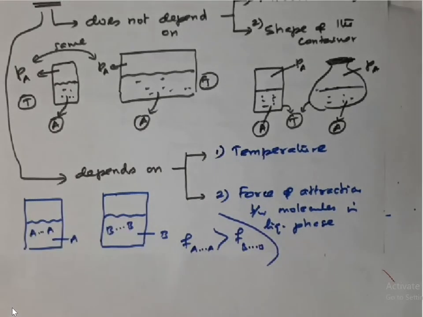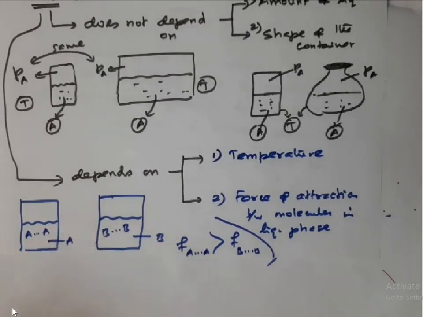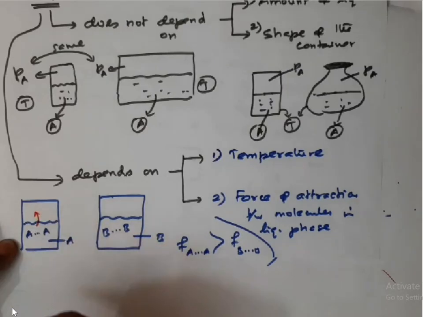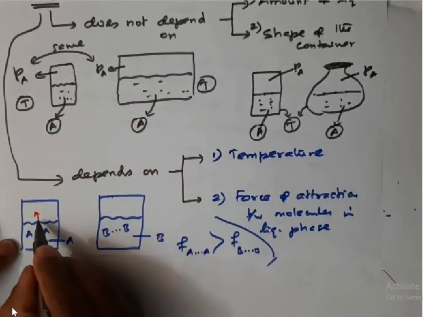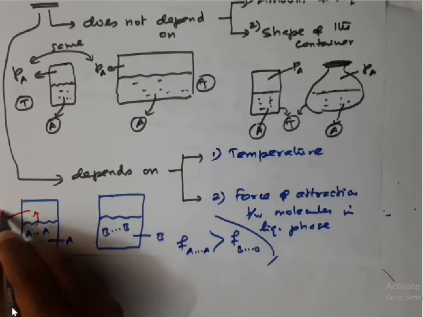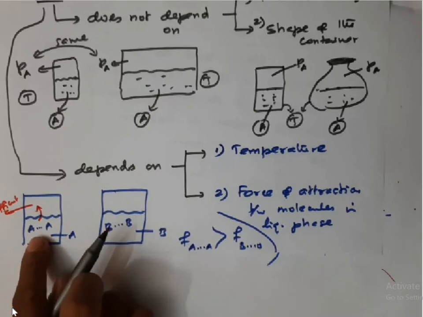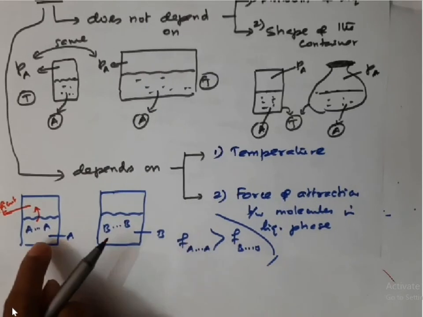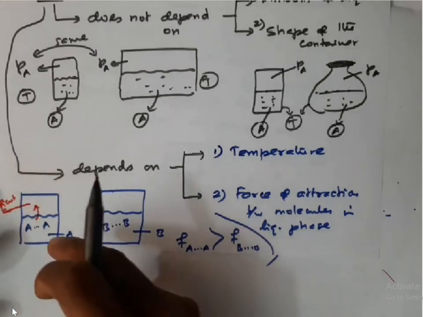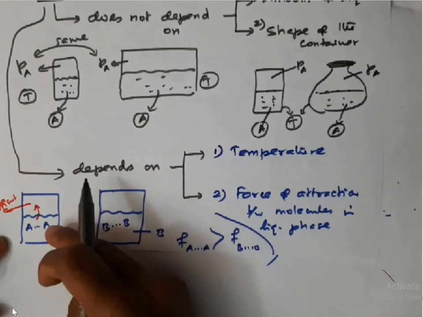What will happen in this case? If molecule-molecule attraction is high, then escaping of these molecules to the vapor phase is difficult. Why? Because attraction in the liquid phase is high. A strong attraction exists between AA molecules, so it is very difficult for the molecule to move from liquid phase to vapor phase.